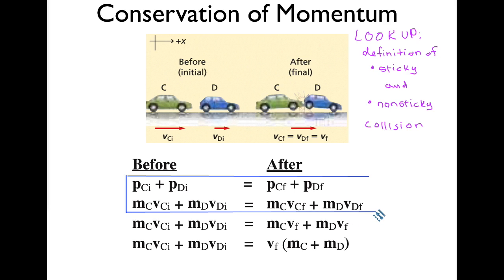Now this part right here you can use for any collision, any conservation of momentum problem. But this part right here is only for sticky collisions. And I'll tell you about sticky collisions in a second.